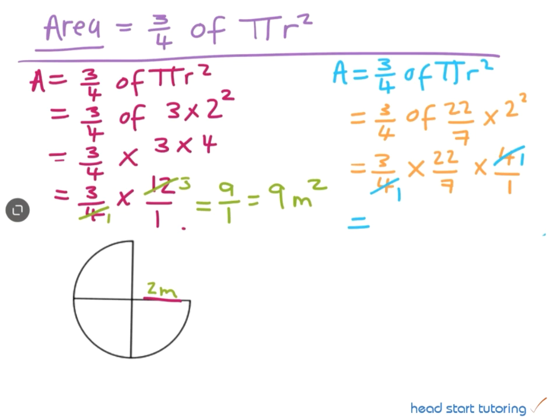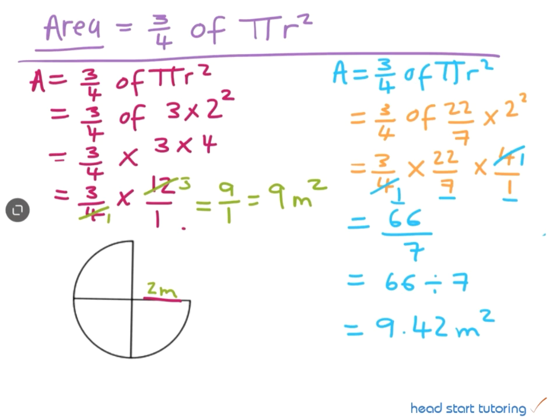Then we can't simplify much further, so we end up with 3 multiplied by 22, which is 66, over 7, because 1 times 7 times 1 is equal to 7. And 66 over 7 is the same as 66 divided by 7, which you can do in your division house, and we end up with an answer of 9.42 meters squared.